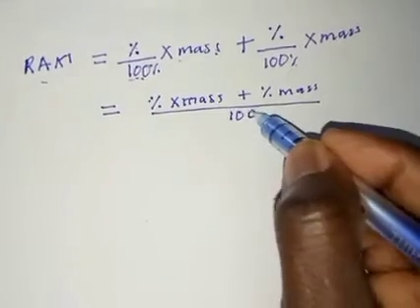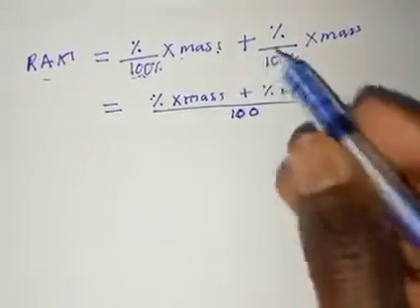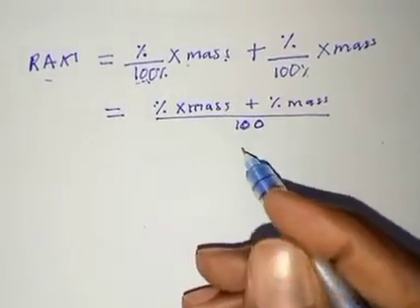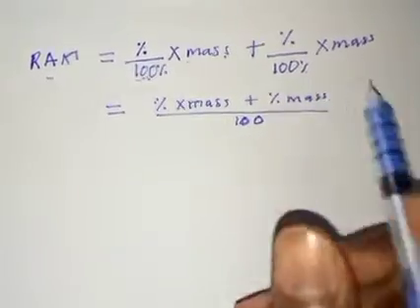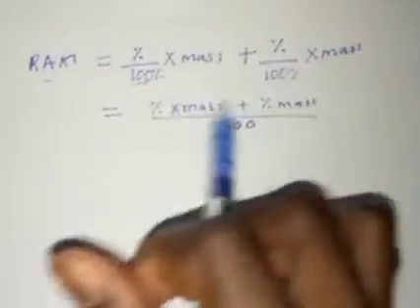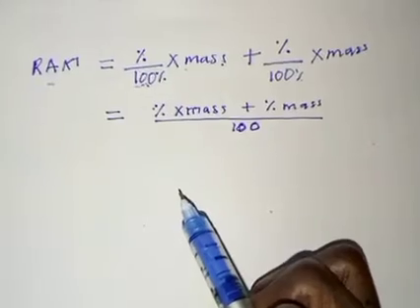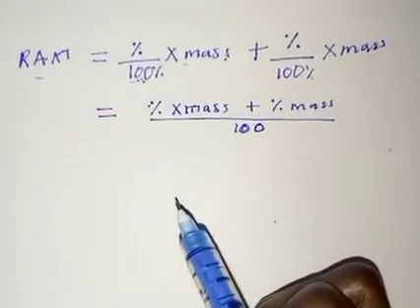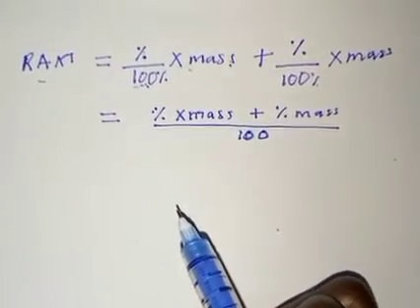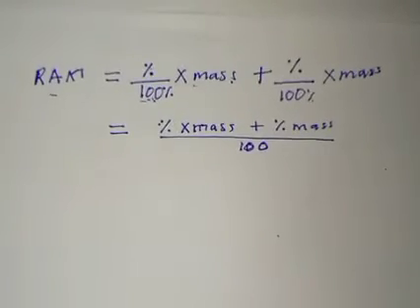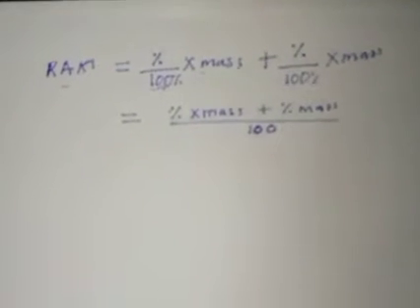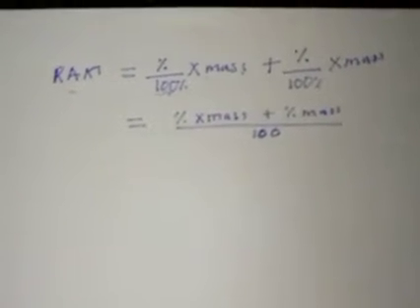This is a primary way of calculating because you have the same denominator: just add the numerators and divide by the common denominator. That is the first scenario. The second scenario is when you have been given the average masses for all the isotopes and you want to find the abundances.